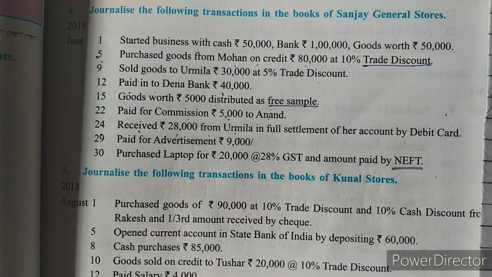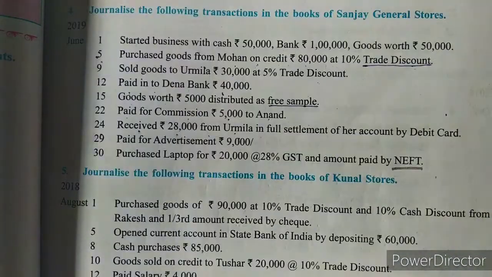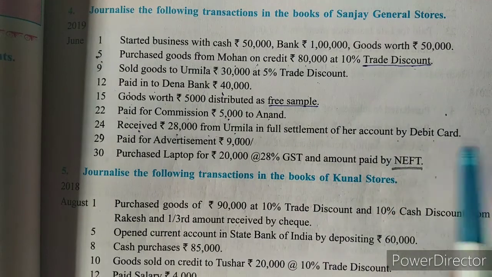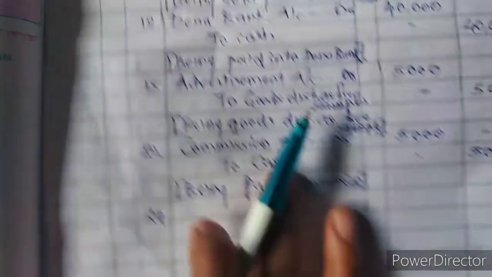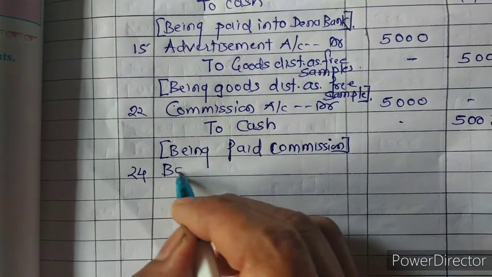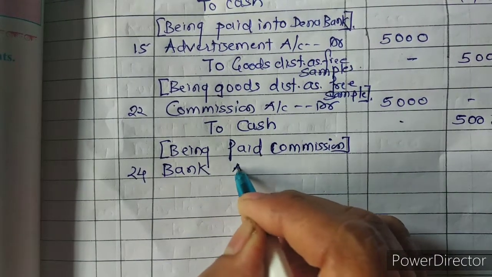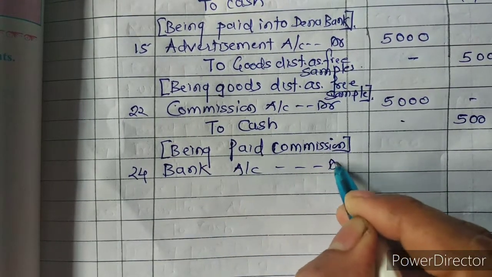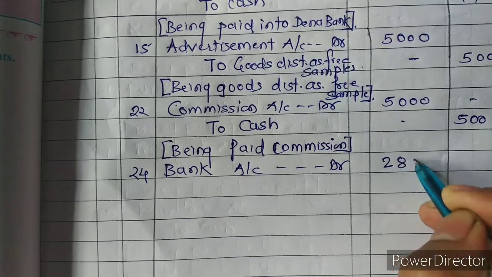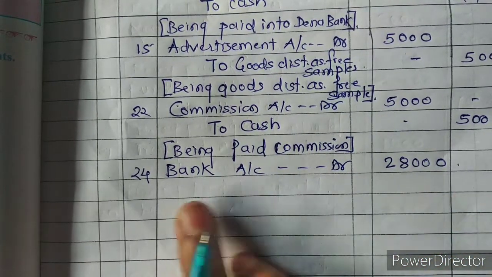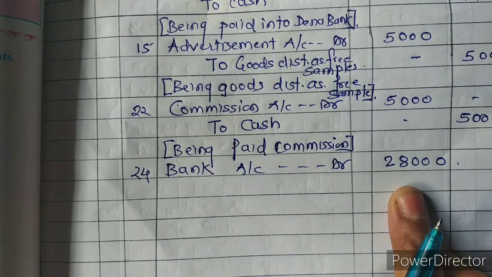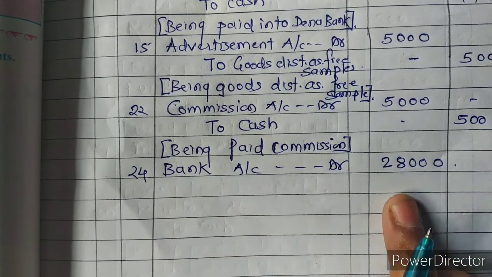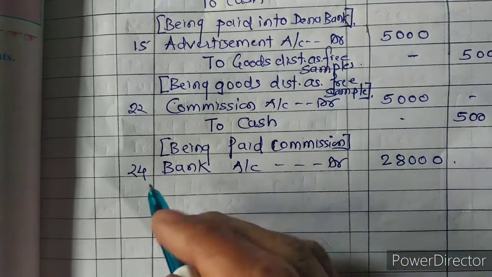So your cash comes in by debit card. So bank account debit, how much we have received? 28,000. Now see the entry. Bank account, because we have received from debit card, bank account debit 28,000.